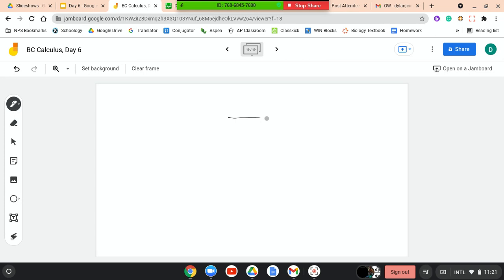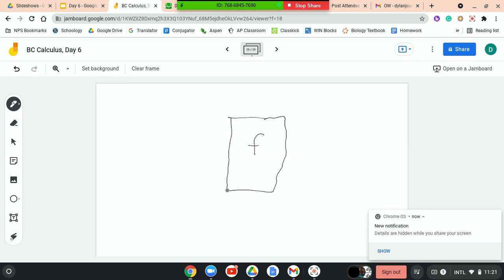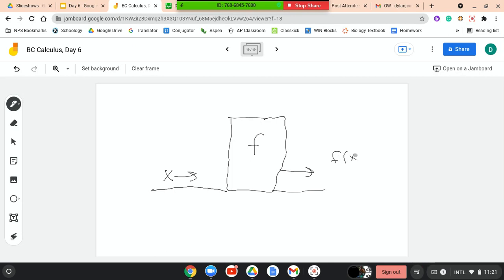So remember when we thought about derivatives with our machines, where we said if we have a function that's represented as a machine, and it takes in a number x and spits out the output f of x. The derivative with a certain input is just whatever a tiny change to our function value is divided by a tiny change in our input.